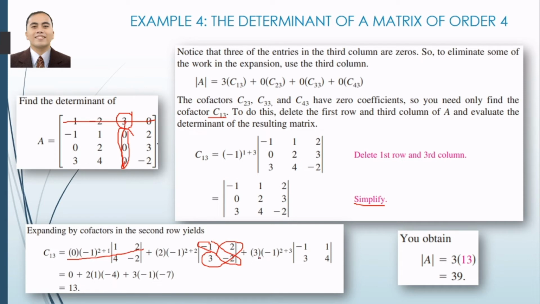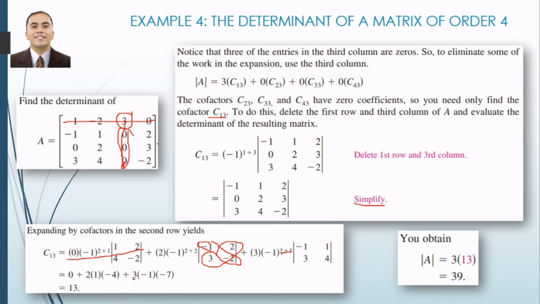Then another, we have 3 times negative 1 raised to 2 plus 3. So we have negative 1, positive 1, 3, and 4. So therefore, since this one is raised to an odd number, which is 5, it will remain negative 1.